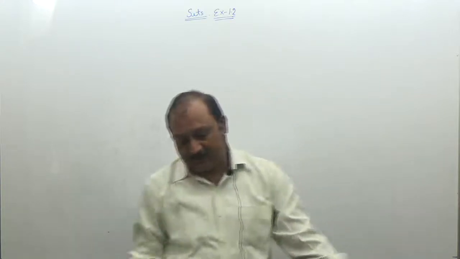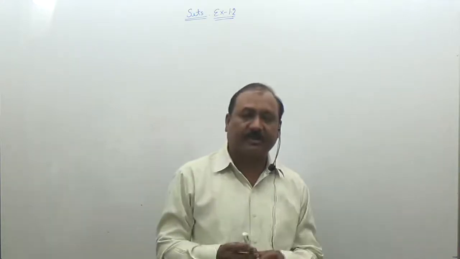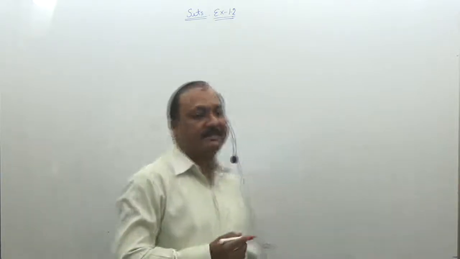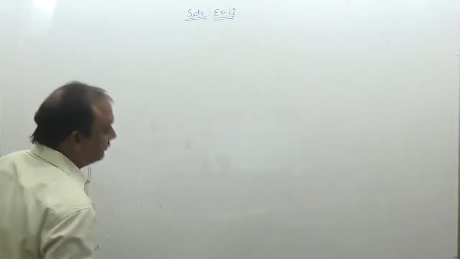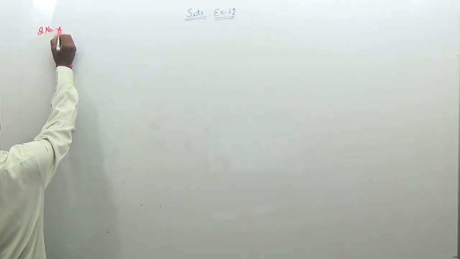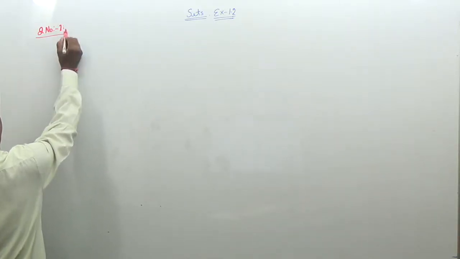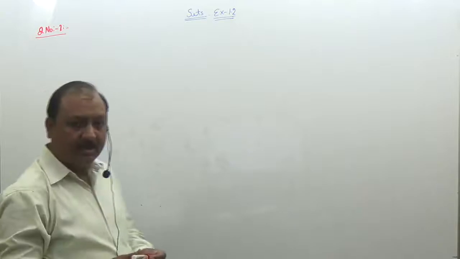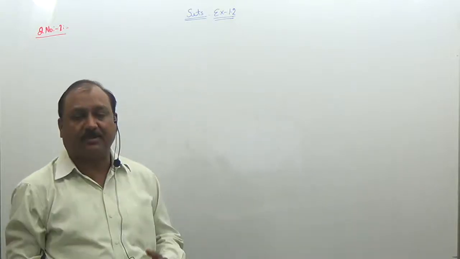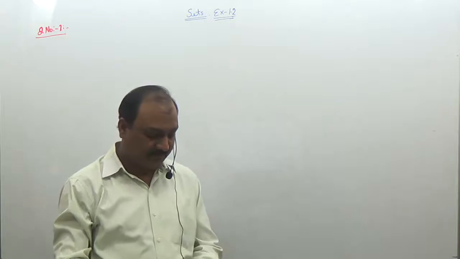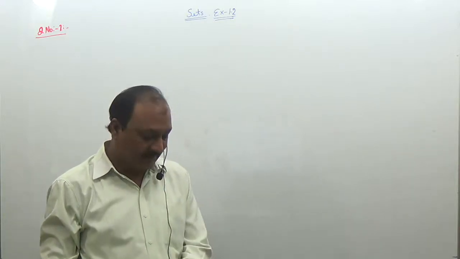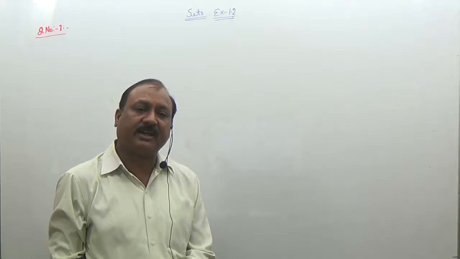Exercise 1.2, question number 1: which of the following are examples of null sets? Some sets are given and we classify whether the given set is a null set or not.